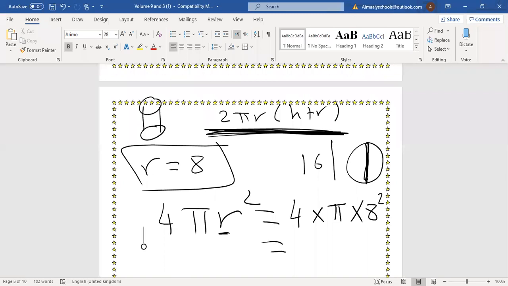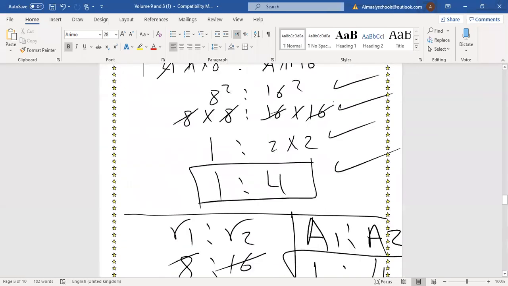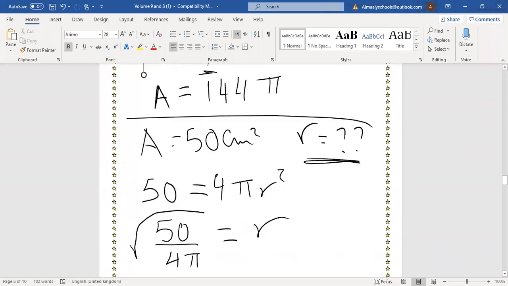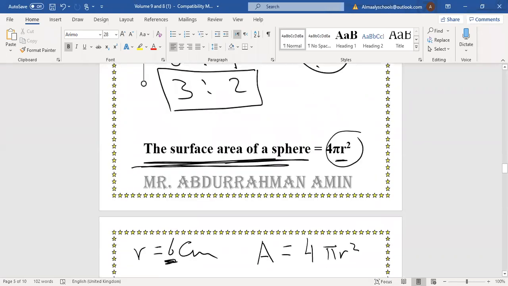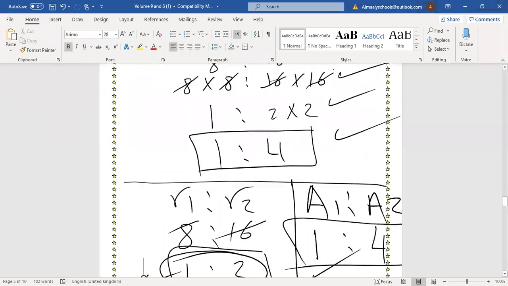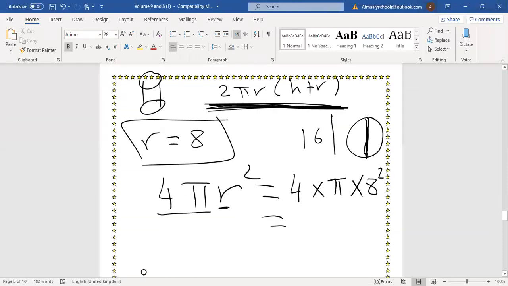The total surface area of the sphere, 4 pi R squared. This is a rule. You forgot? Read with me: the surface area of the sphere equals 4 pi R squared. That means 4 pi multiplied by 8 squared. Understood?